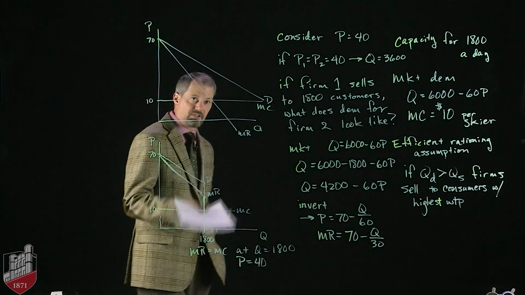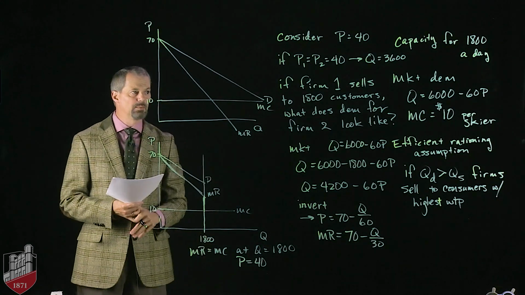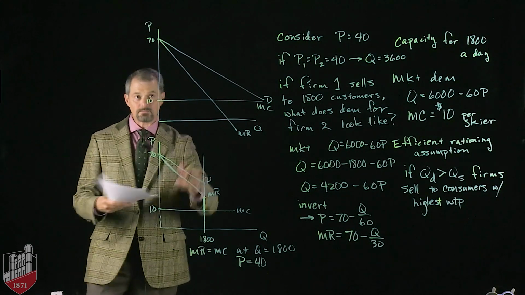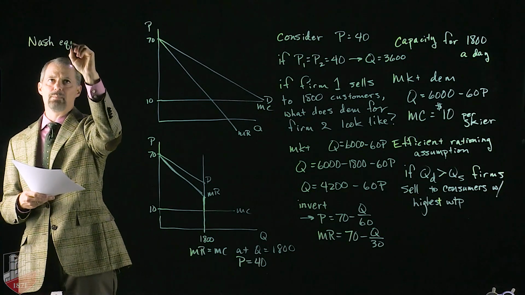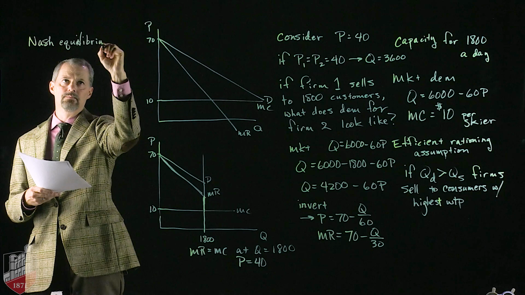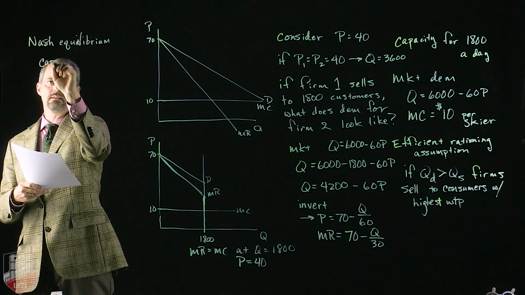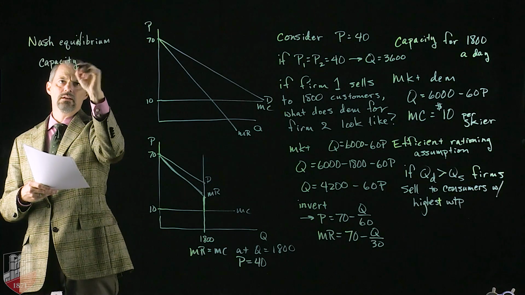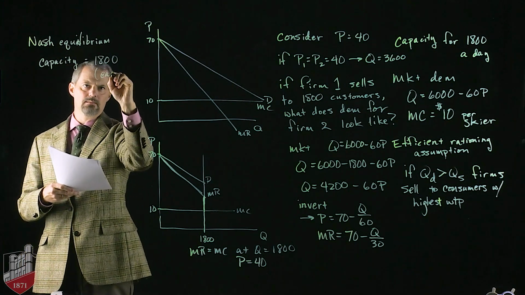We could draw a similar picture for firm 1 if we wanted. Remember, the problem is symmetrical. So the Nash equilibrium in this game with capacity constraints is each firm chooses a capacity equal to 1,800.